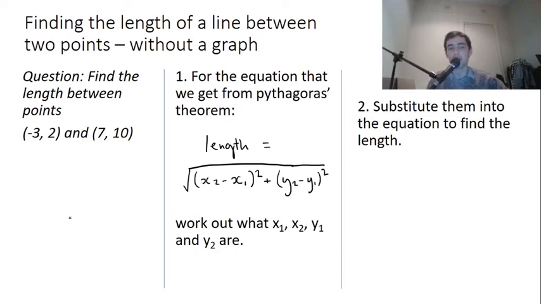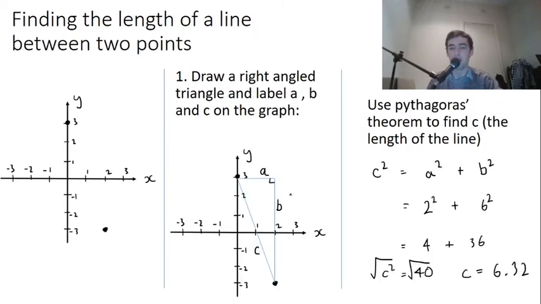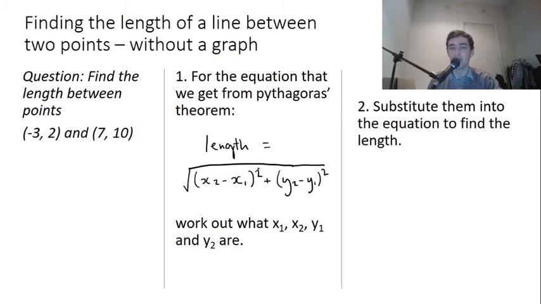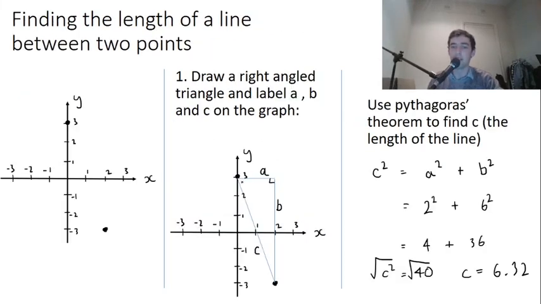There's another way of doing it, which is to use this formula. Now, by the way, how they got this formula is basically the algebra version of this. So this is very similar. When they're doing y2 minus y1, I hope you remember that I said one way to find out this length here is to do this y coordinate minus this y coordinate.